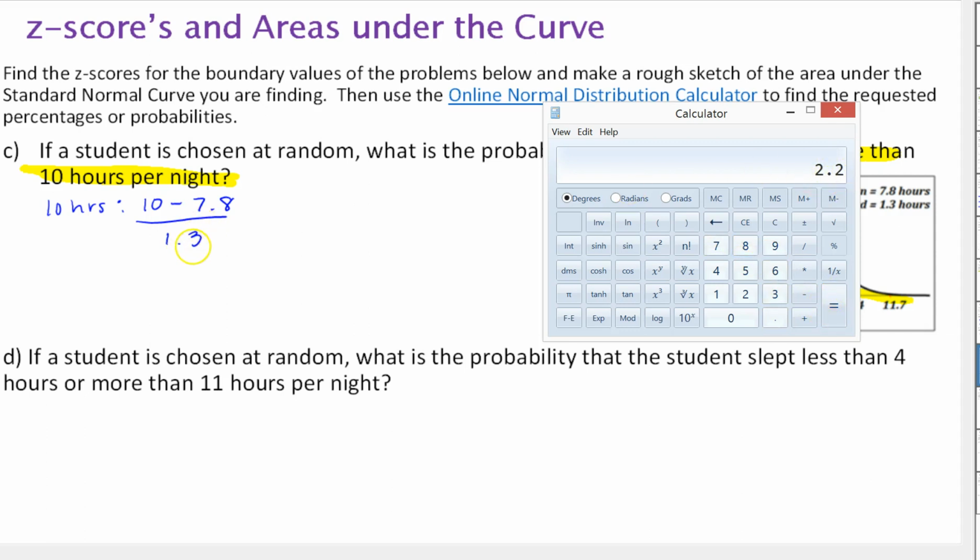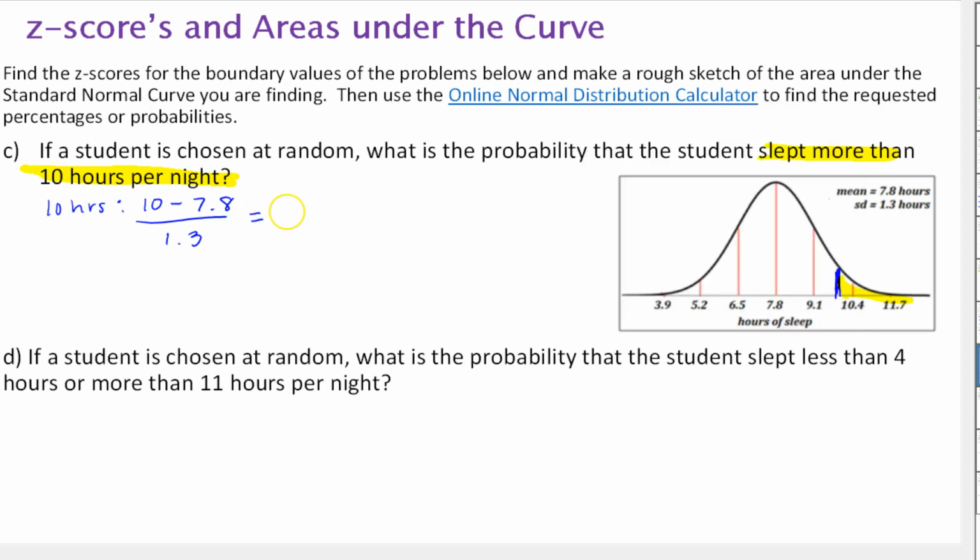And how many standard deviations is that? Well, it's going to be between 1 and 2. Let's divide by 1.3 to see. And we get 1.69 is the z-score. I never wrote z, so z equals 1.69. So we want the percentage above the z-score 1.69.